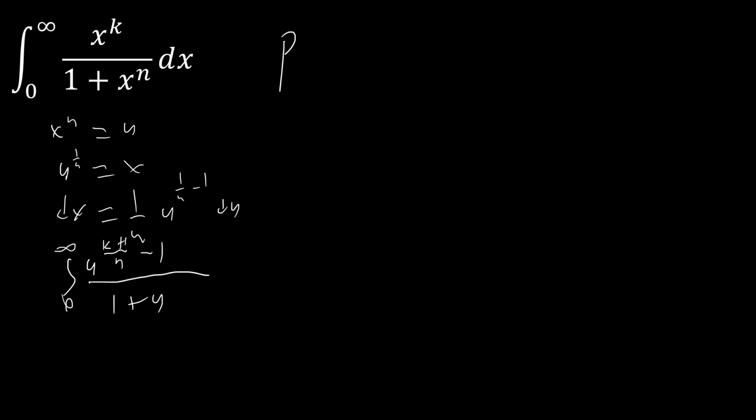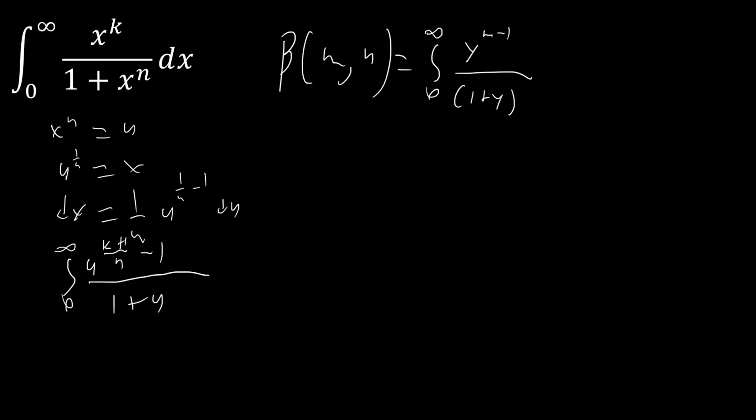Now the beta function is a very cool function, and one of its properties is that if we have beta of m and n, they don't necessarily have to be integers, it equals the integral from 0 to infinity of y to the m minus 1 over 1 plus y to the m plus n dy.